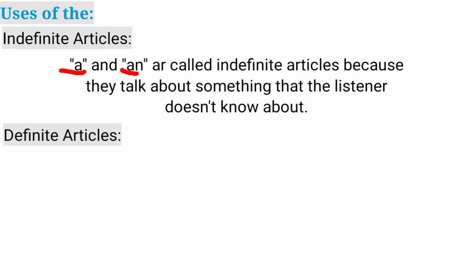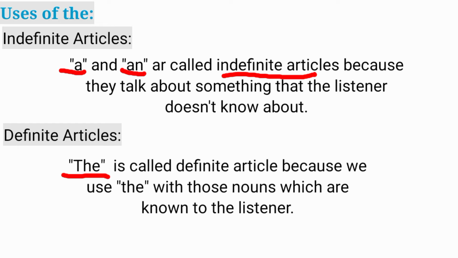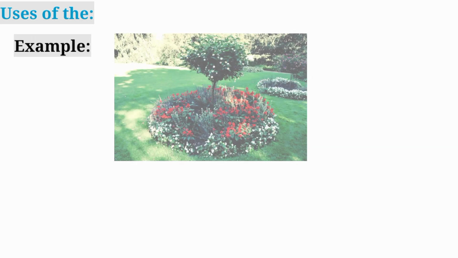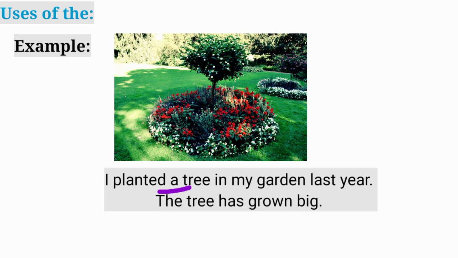A and An are called indefinite articles because they talk about something that the listener does not know about, while The is the definite article because it talks about the person or thing which is known to the listener. For example, I planted a tree in my garden last year. The tree has grown big.